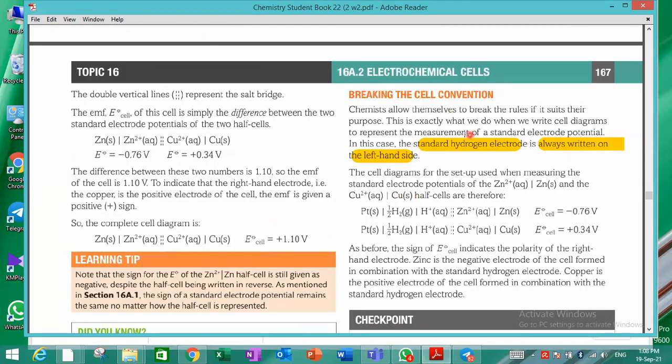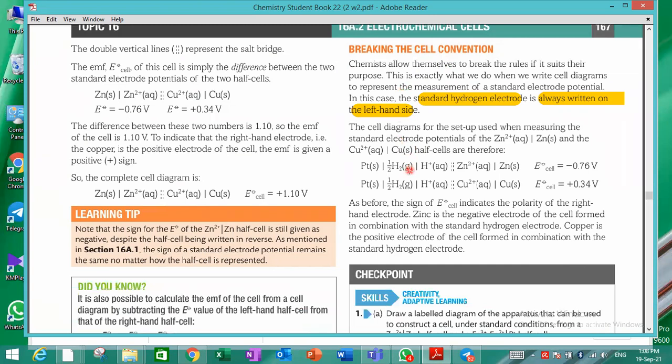Now there is a special type of writing cell diagrams, when we measure the standard electrode potentials, for example, by adding the zinc electrode half cell to the standard hydrogen electrode half cell, or we connect the copper ion electrode to the standard hydrogen electrode half cell, whether it will give us a negative value or a positive value for the standard electrode potentials.